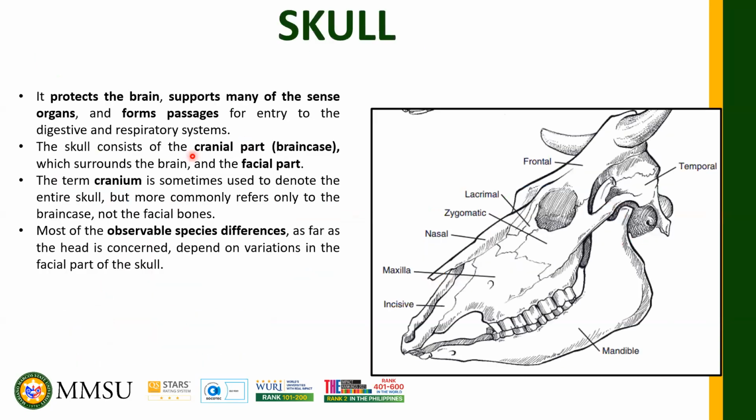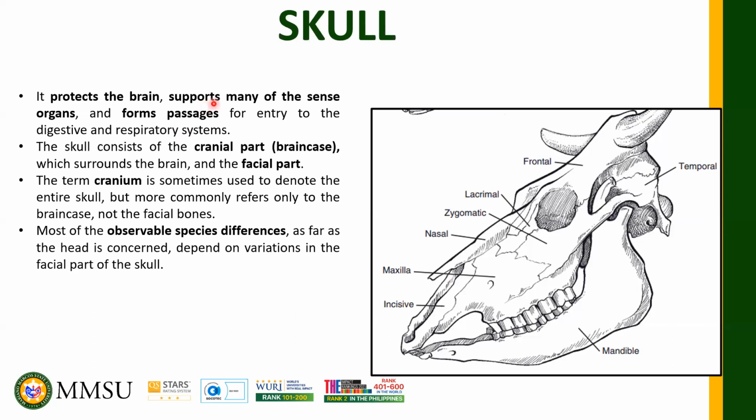Okay, so let's start with the skull as the overview. So number one dyan is protection. It protects the brain. So yung skull, it usually serves as a protective casing na nagsusurround and nagsisafeguard doon sa brain ng animals natin. And we all know that of course the brain is one of the most vital organs in the body.